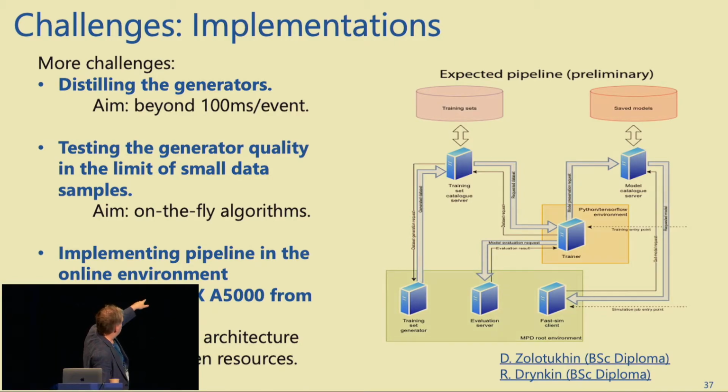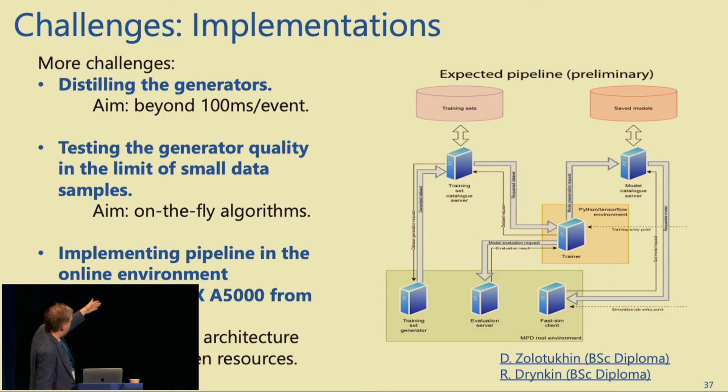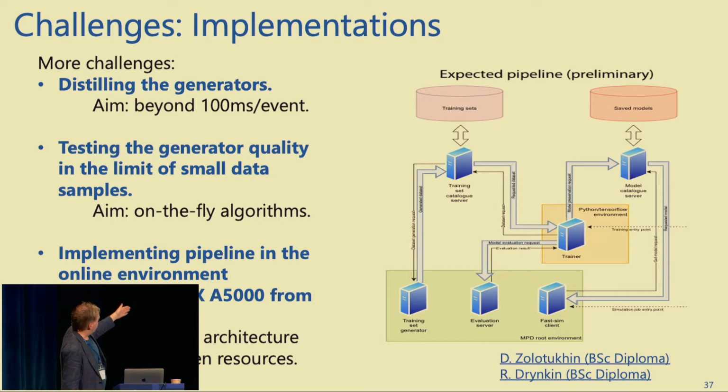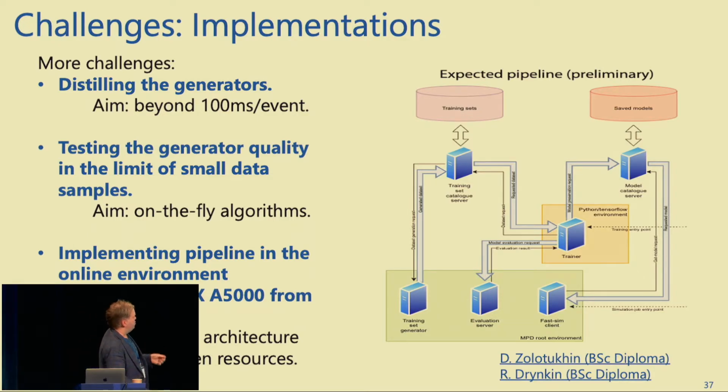The configuration is not the same, it is using some configuration of the cluster for training GANs. Currently, for example, at CERN there is a cluster of 200 A5000s, and we need to have an efficient architecture for scheduling the resources and for saving the models. So these are the challenges for the forward problem.